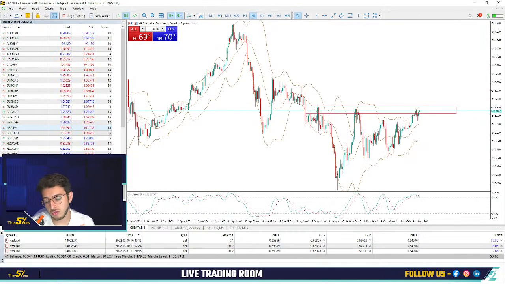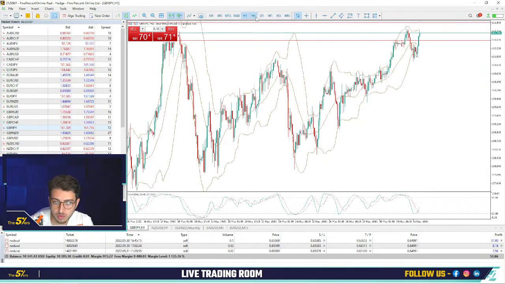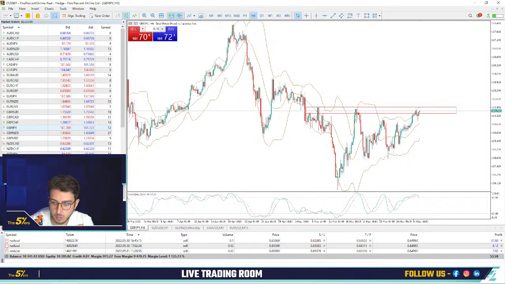Yeah, this might also be a short on the short term. Yeah, I'm very confused with this pair. You see on H4, we have this uptrend that is very clear. We have this supply, but we have this triangle that is actually breaking. So I'm not sure what to do.